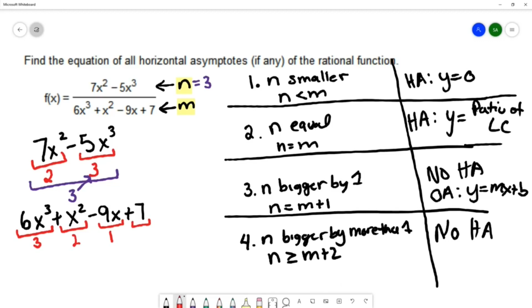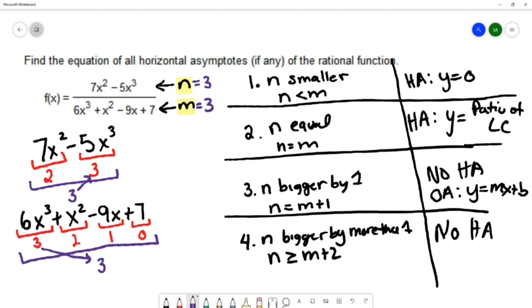And the degree of 7 is 0. There's no variable, so the degree is 0. Then we look at the whole expression, and the degree of the whole expression will be the highest, which is 3. So we've identified the degree of the denominator to be 3.